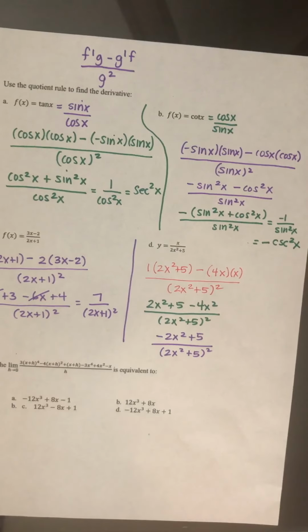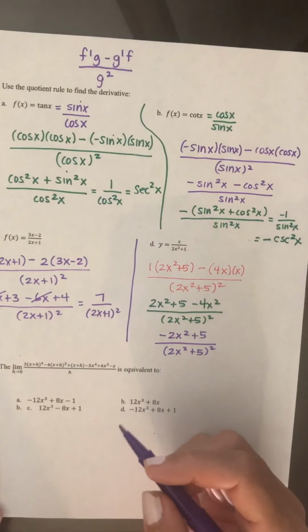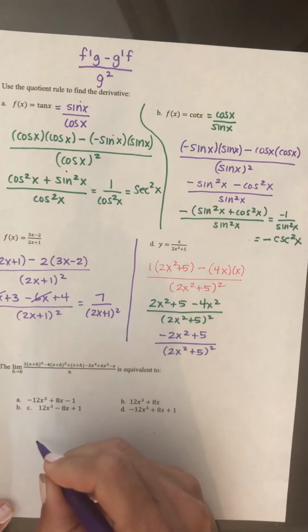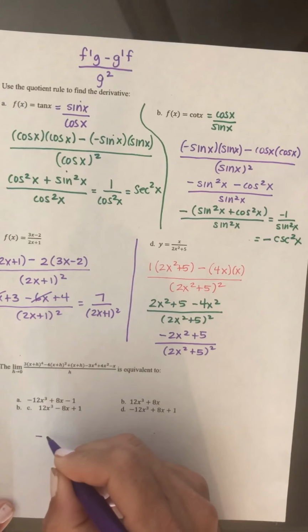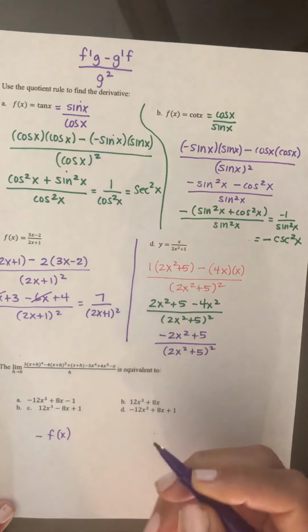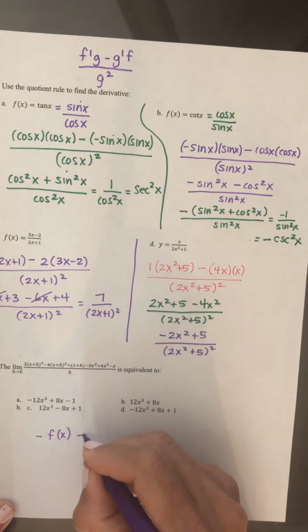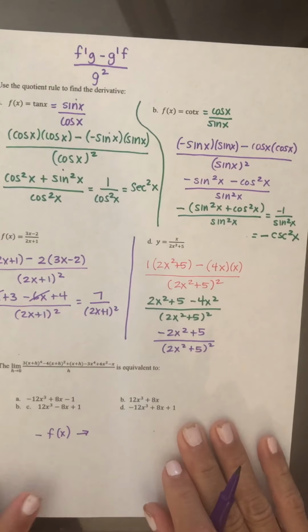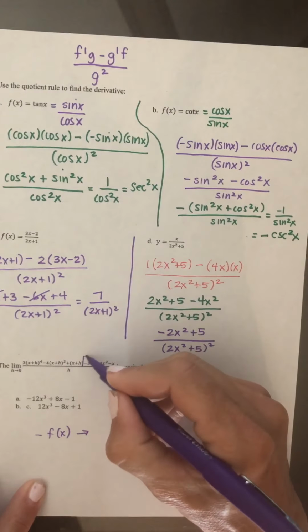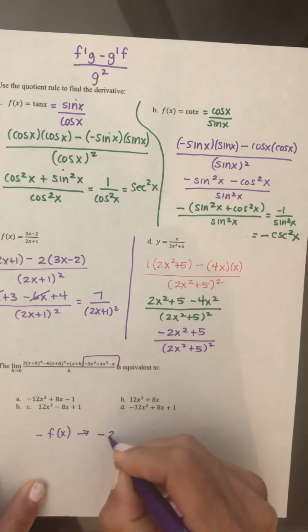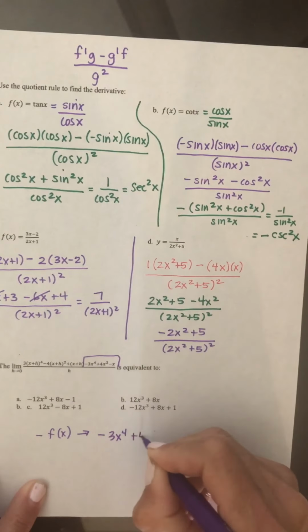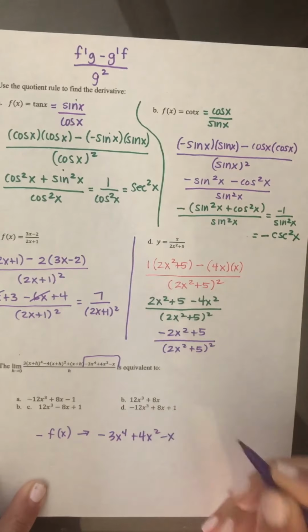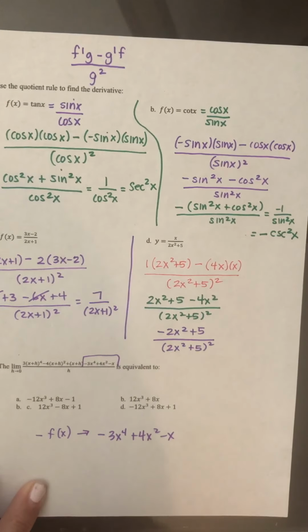But if you remember the definition of the derivative, right, you are subtracting f of x. So if I look here, make sure you're in the screen, I have this second piece, minus 3x to the fourth plus 4x squared minus x. Now remember, that's minus my f of x, so they've already distributed the negative.